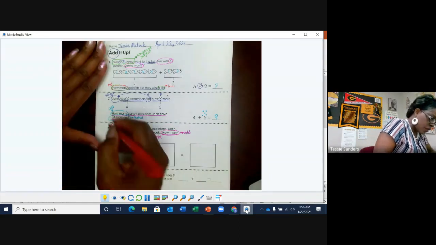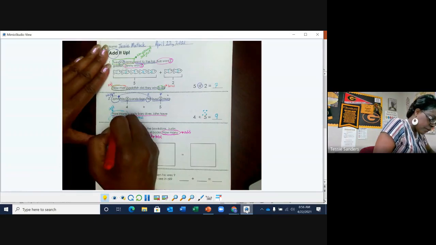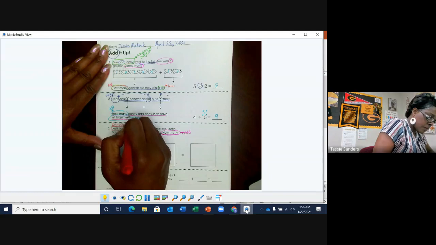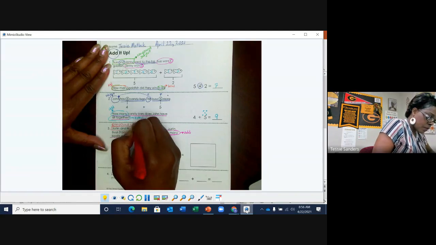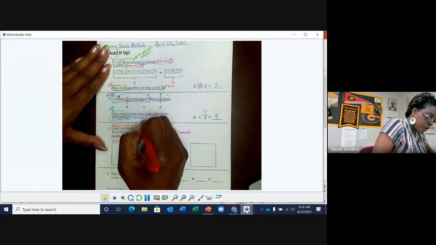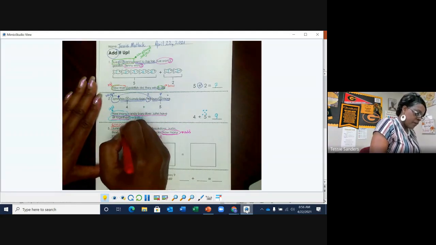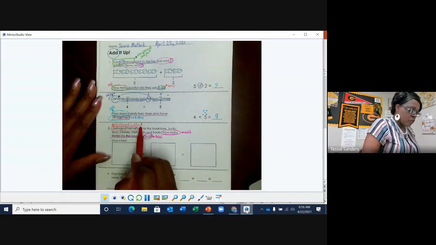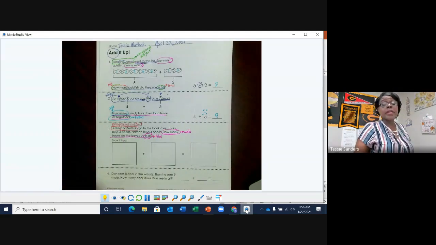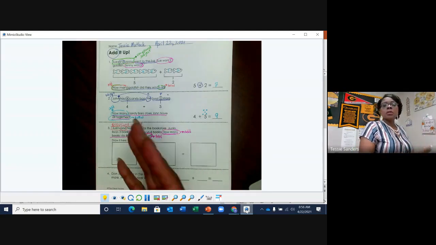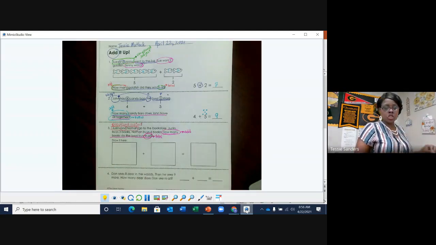Justin and Nathan is a compound subject. You see the conjunction and. This is a compound subject. Justin and Nathan. They are our topic of discussion.